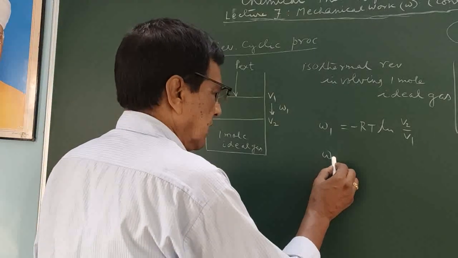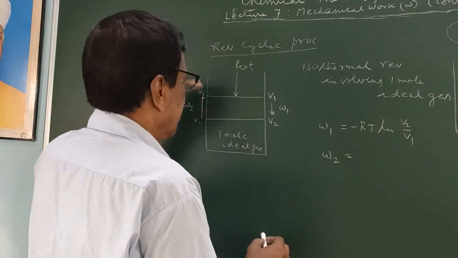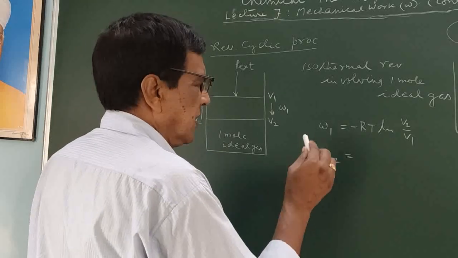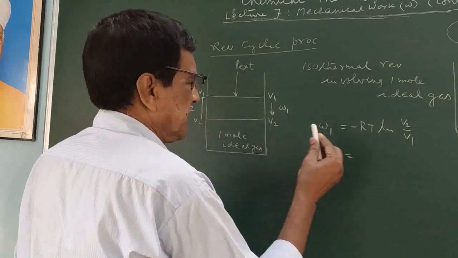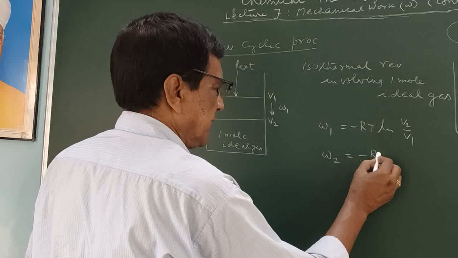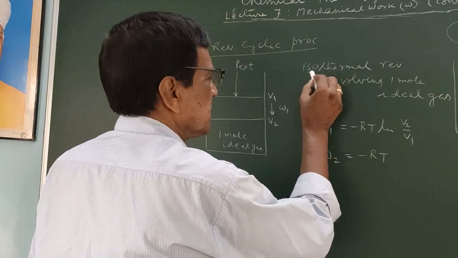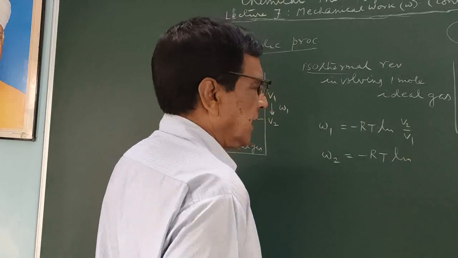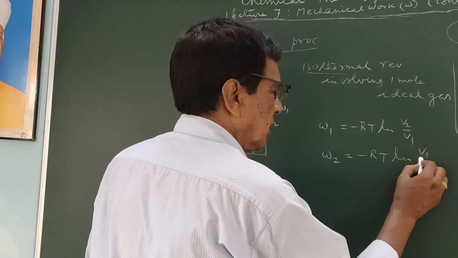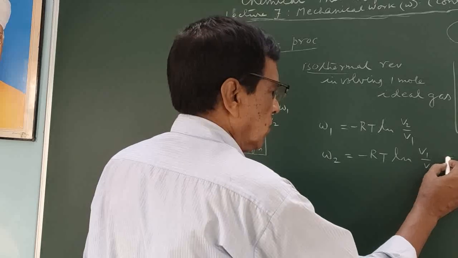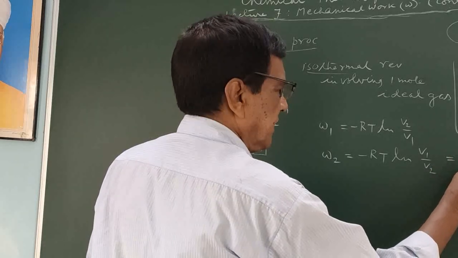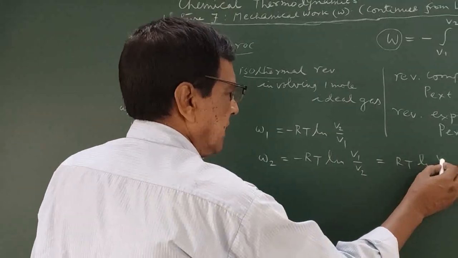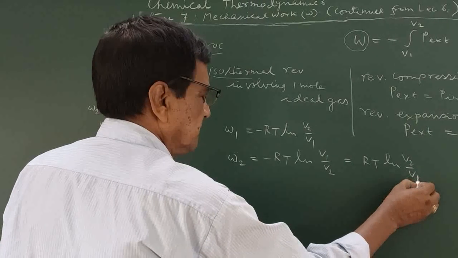And again W2, whenever it is coming back to the initial state by expansion, it is minus RT, T is constant, this process is isothermal, ln V1 by V2. Or we can write RT ln V2 by V1.